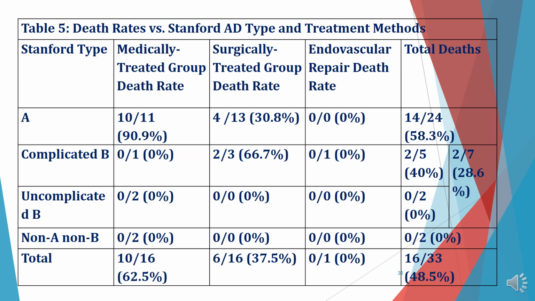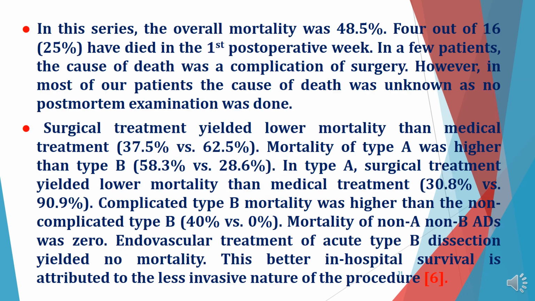The death rates versus the Stanford aortic dissection type and the treatment methods are shown in this table. To summarize, the overall mortality was 48.5% in this series, 4 out of 16, 25% of patients died in the first post-operative week.